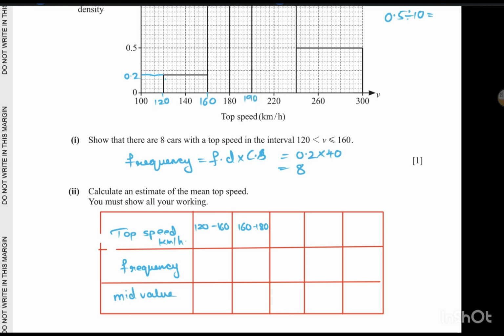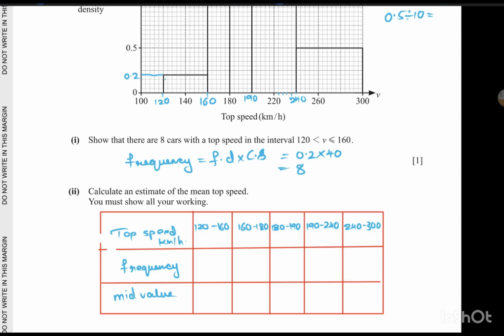So this is 190, 220. Then what is this? 220, 224, 228, 232, 236, 240. So this is 240. So now we can write here 160 to 180, then 180 to 190, then 190 to 240 and 240 to 300. These are the classes done.